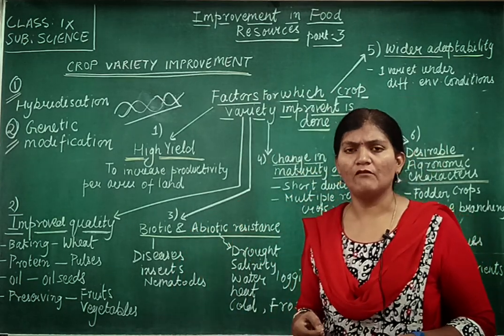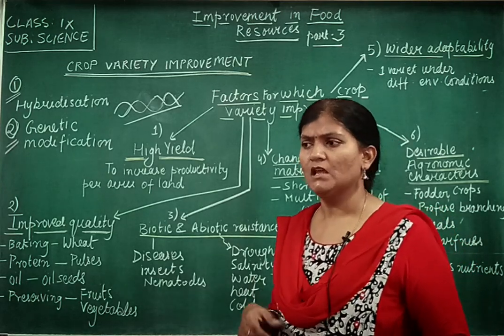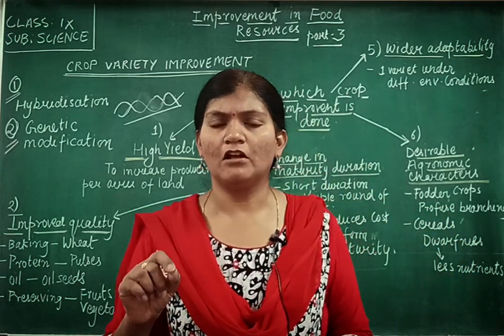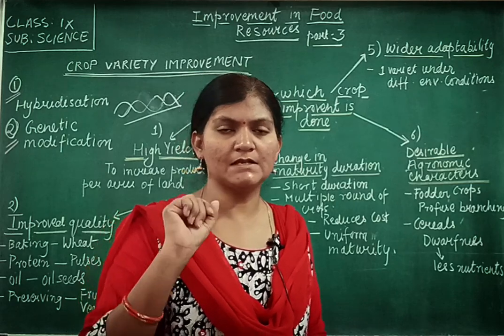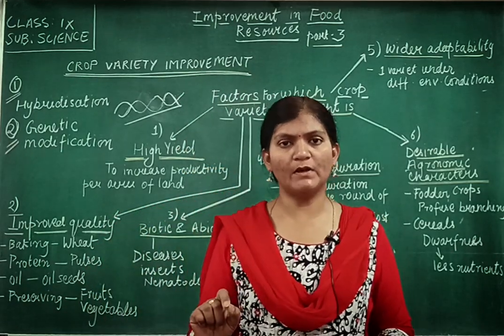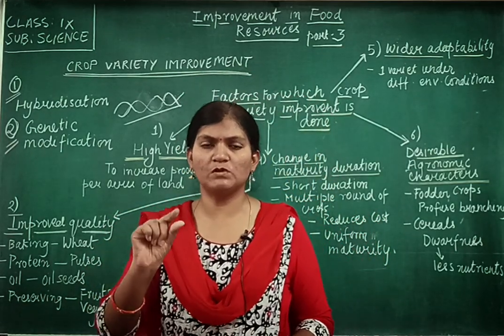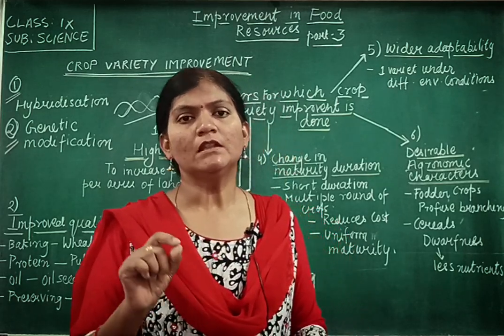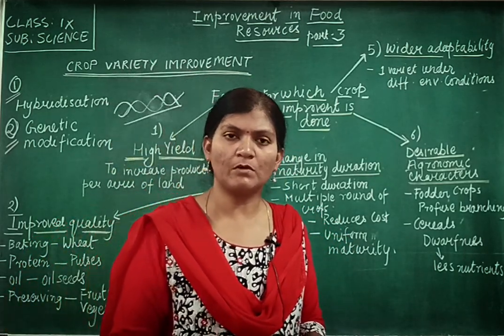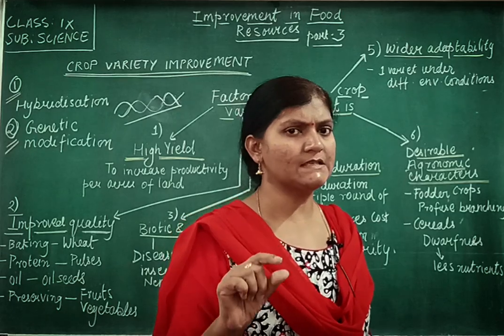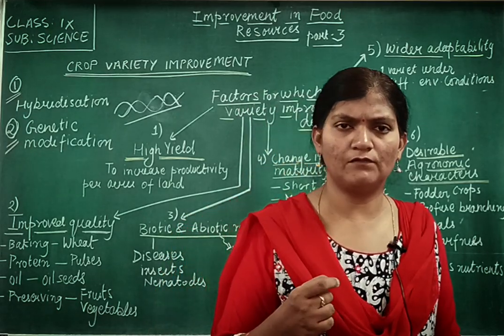Suppose we have two varieties of wheat. In one variety of wheat, the grains are of a bigger size, and in another variety of wheat, the grains are of smaller size. The bigger grain produces more flour, and the smaller grain produces less flour.